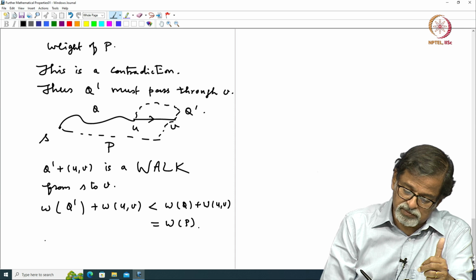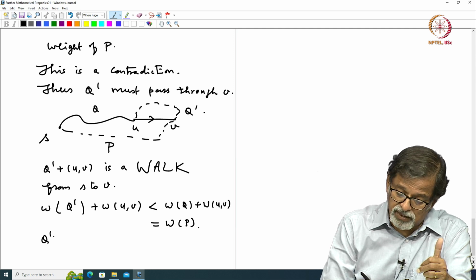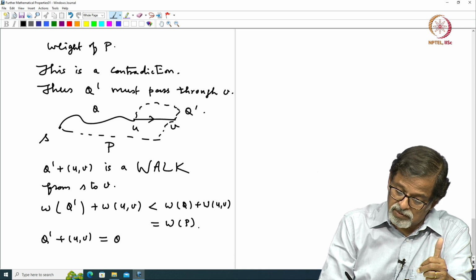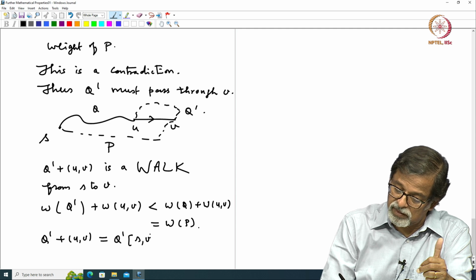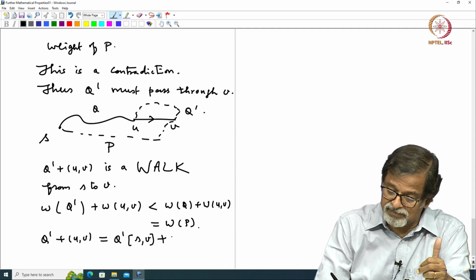Now, you write q dash plus uv as q dash going from s to v plus a cycle c.